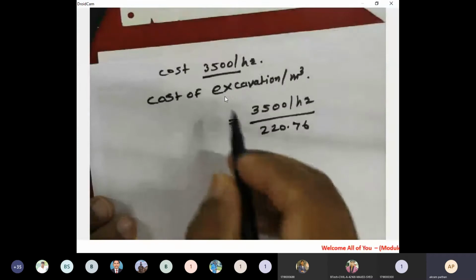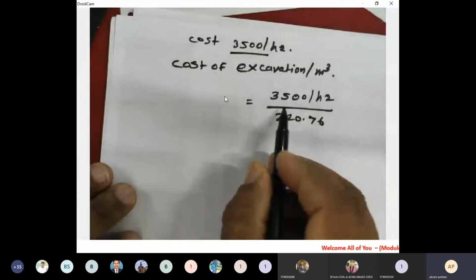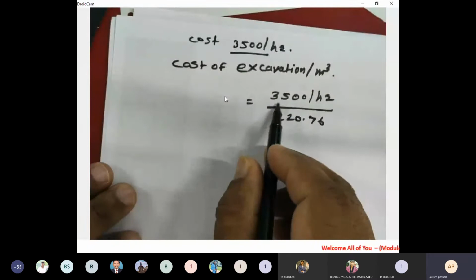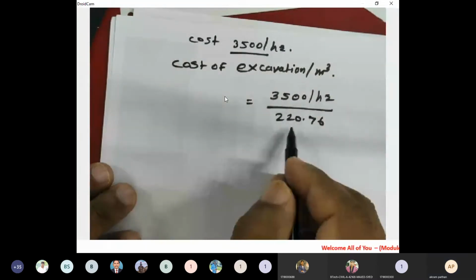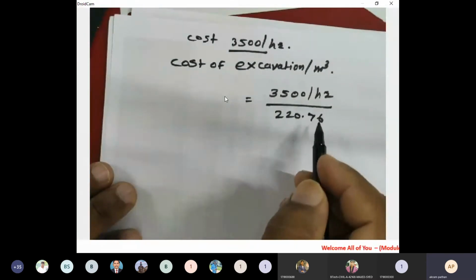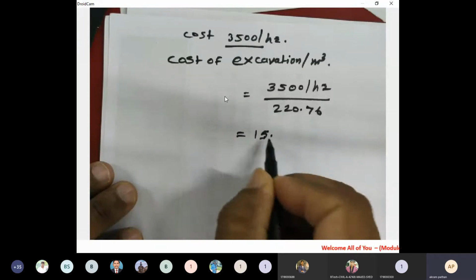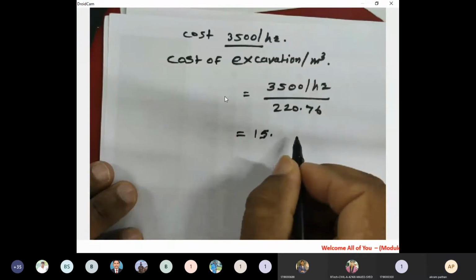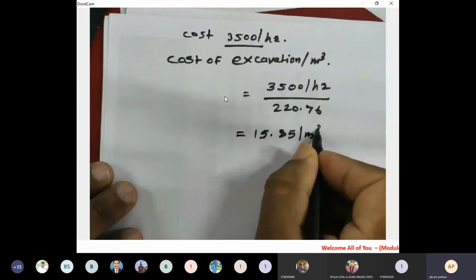So the cost of excavation per meter cube is equal to 3,500 per hour divided by the ideal hourly output of the machine, 220.76. So this will be 15.85 per meter cube.